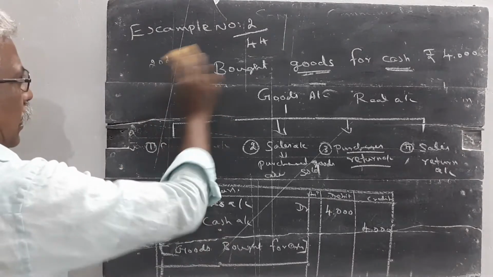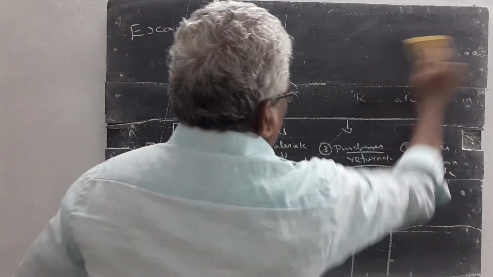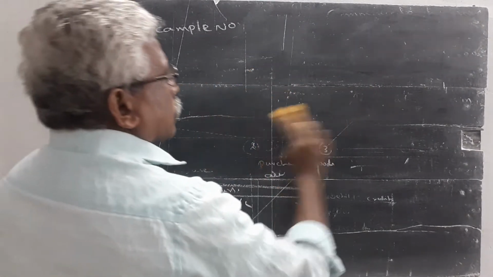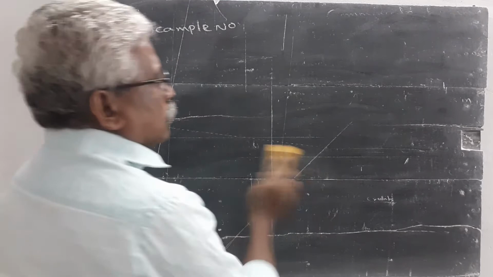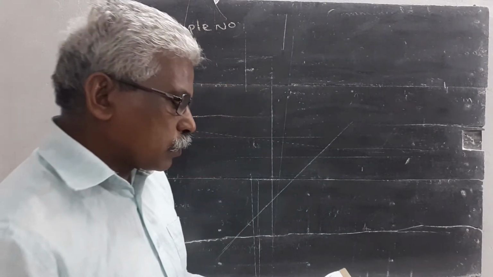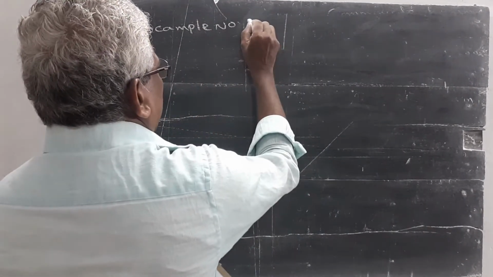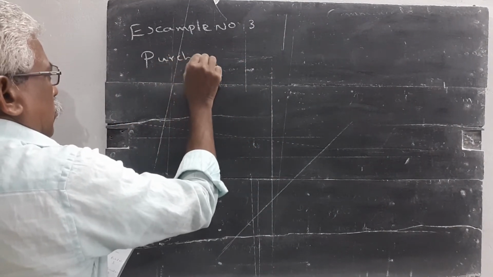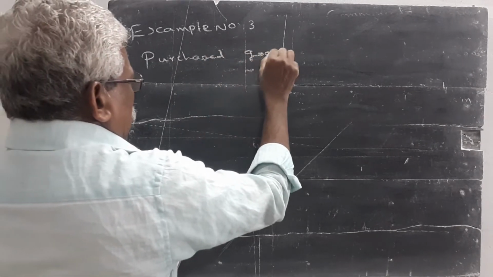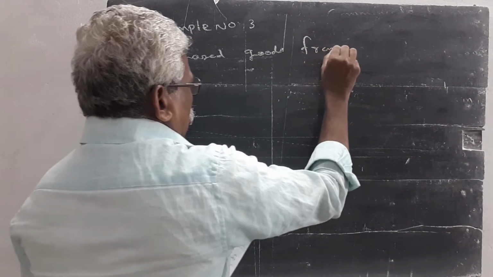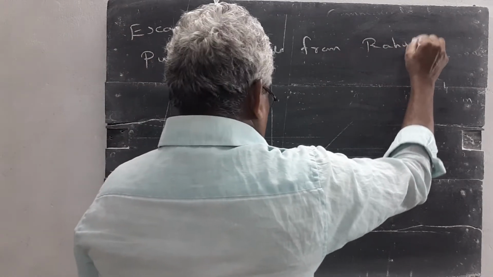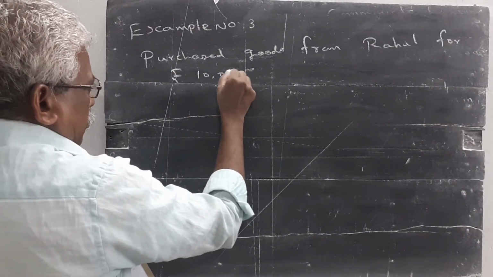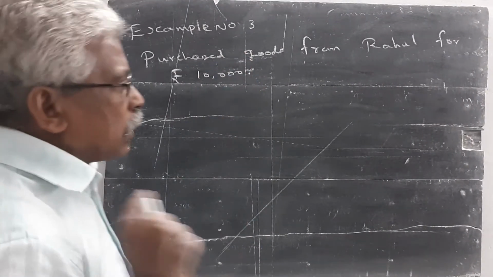Example number 3. Purchased goods from Rahul for rupees 10,000. This is the transaction.